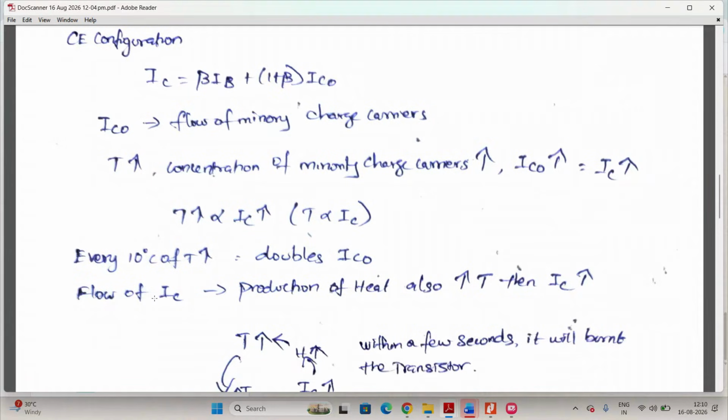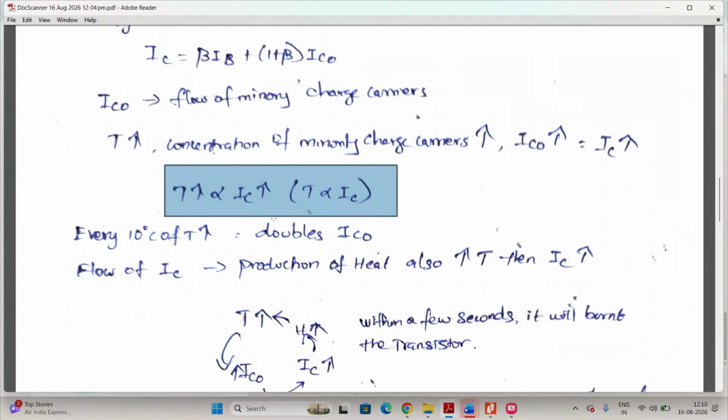This also makes the device produce heat. The production of heat increases your temperature again, so the collector current also increases again. So by the statement given before, the flow of current increases because of the leakage current, and it also increases your temperature. If temperature increases, then definitely the collector current is increasing.